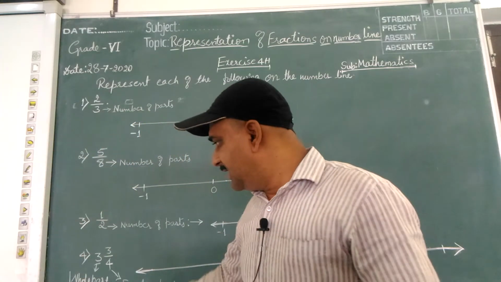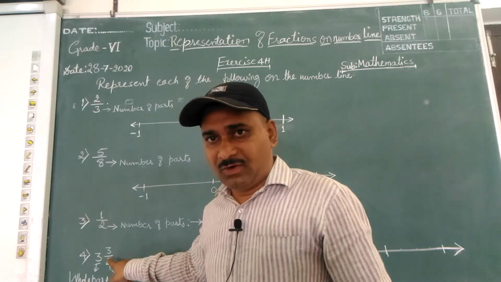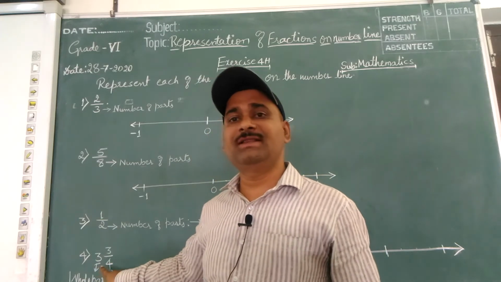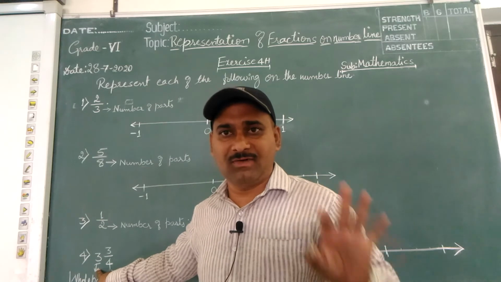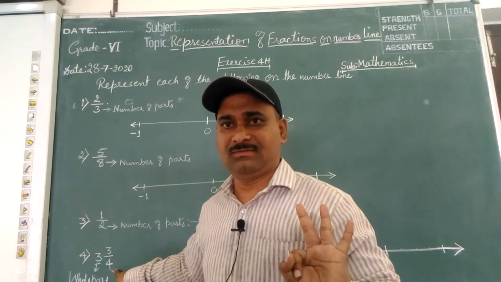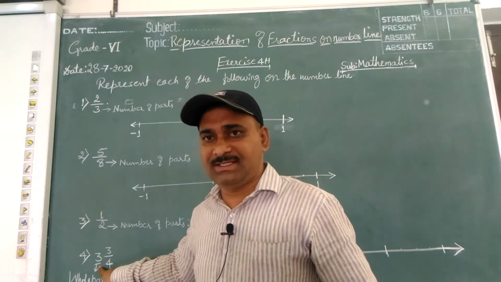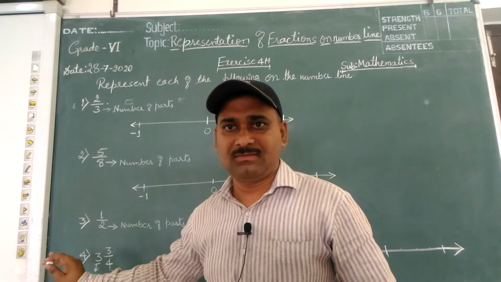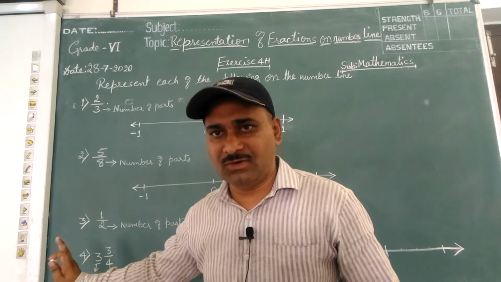Means children, in the fourth question only we can say that this value is more than 3, because 3 is a whole number, 1, 2, 3. After 3 comes 3 by 4. The value of the fourth fraction is more than 3 but less than 4, because 3 by 4 comes before 4.